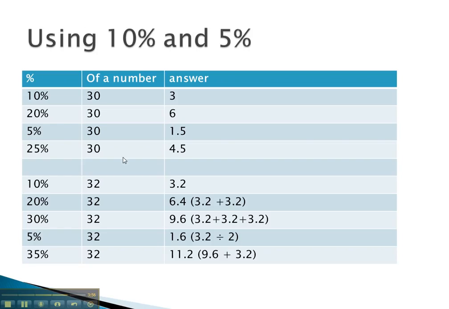Look at this chart. This will make things a little easier. 10% of 30 is 3. 20% of 30 is 6. We just doubled 10% to get 20%. 5% of 30 is 1.5. See how we just cut 10% in half to get 5%? And now for 25% of 30, I just have to put together the 20%, the 6, and the 5%, and I get a mistake.